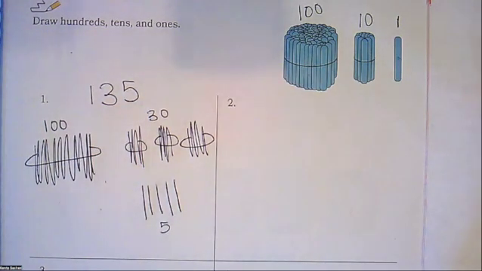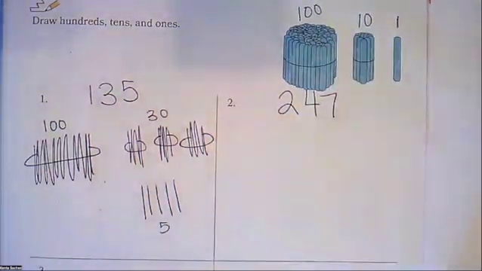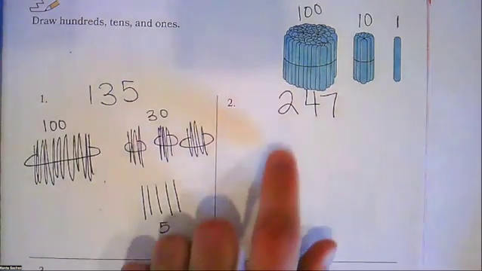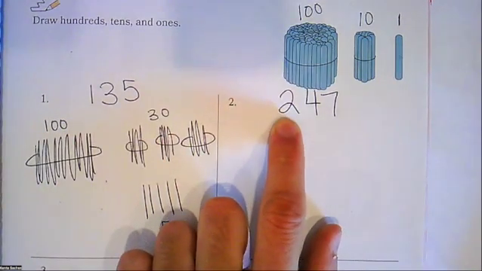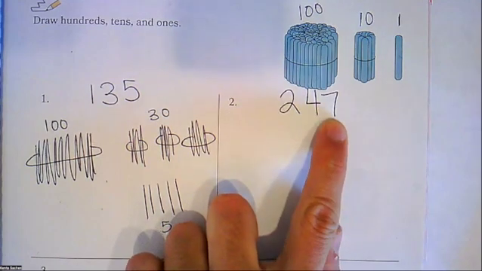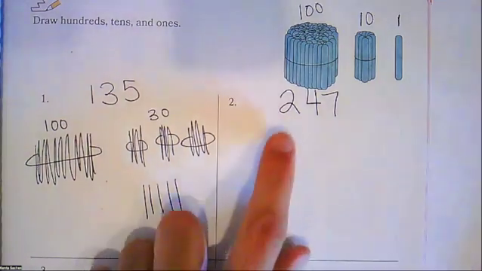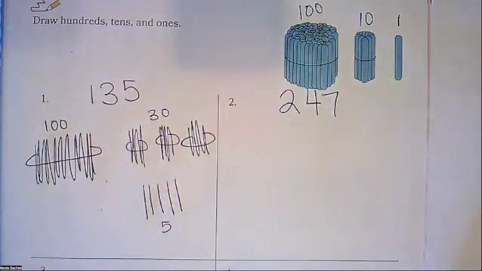Next number we can do is 247. Okay, so let's think about these different place values, right? I have my hundreds place value, my tens place value, and my ones place value. How many hundreds do I have? How many 100s do I need to show this number?